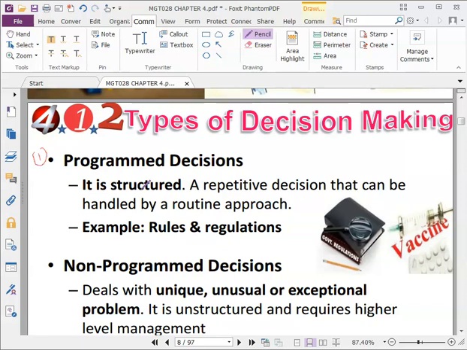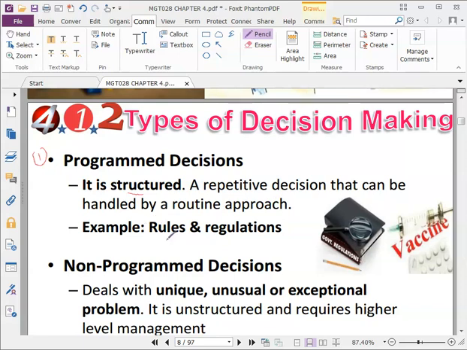Okay, program decision, okay, apa maksud dia? It is structured. Okay, dia lebih tersusun, teratur. A repetitive decision that can be handled by a routine approach. Okay, so maknanya program decision ni yang sehari-harian ataupun yang organisasi itu akan amalkan sekiranya berdepan dengan sesuatu situasi.